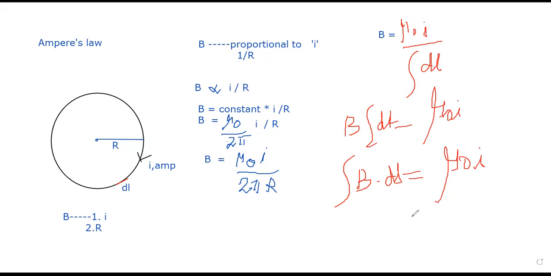That's why this is the integral form of Ampere's law. Integral B dot dl equals mu naught I.